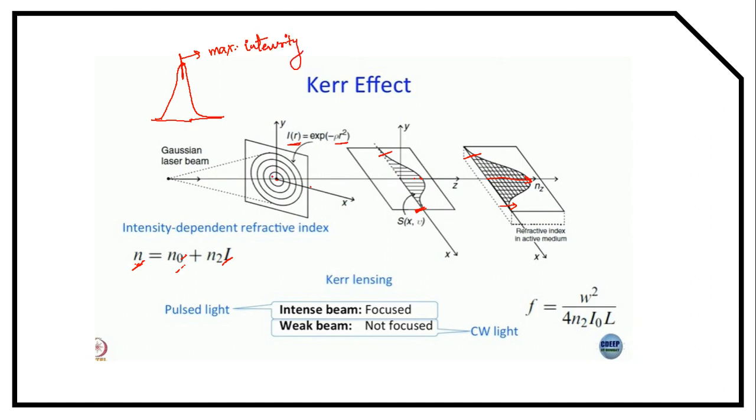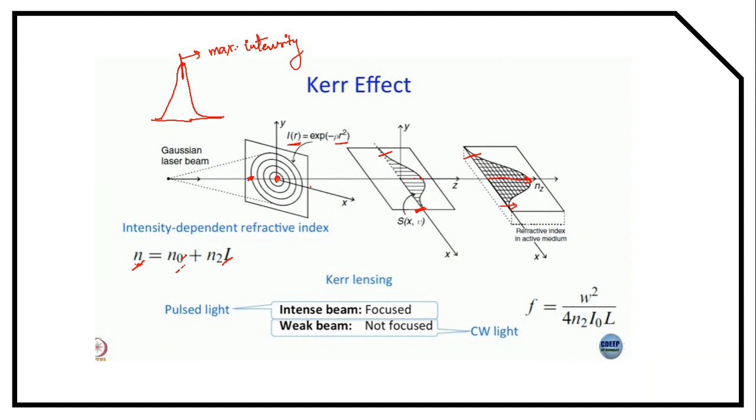Now, as this beam passes through a medium, it has the maximum intensity at the center and the least intensity at the edge.